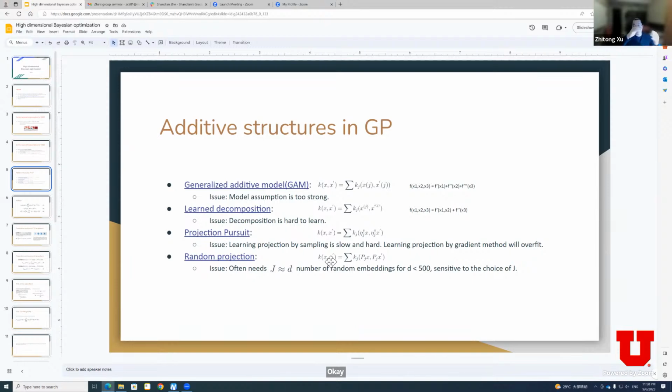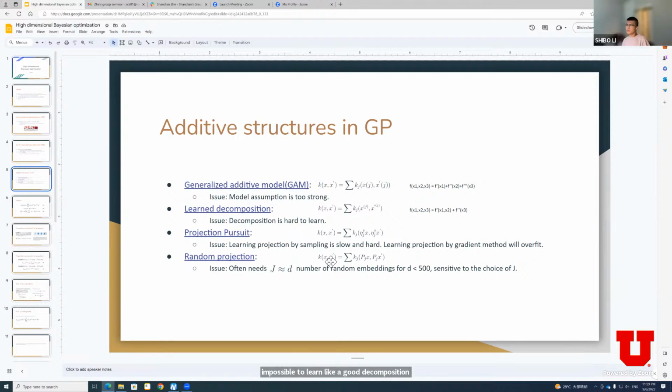For every possible decomposition they learn a GP, test the GP marginal likelihood, and select the one with the higher likelihood. So they exactly enumerate all the groups. Exactly. That's why it is impossible to learn a good decomposition.